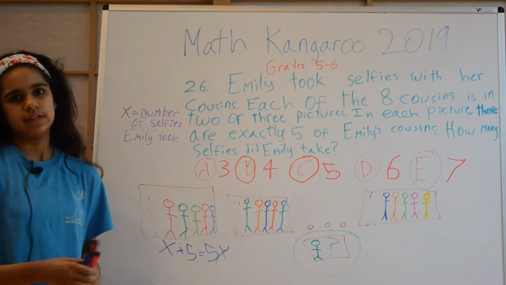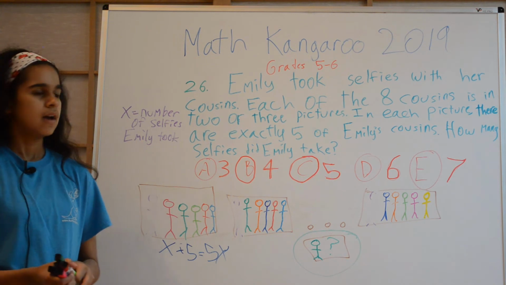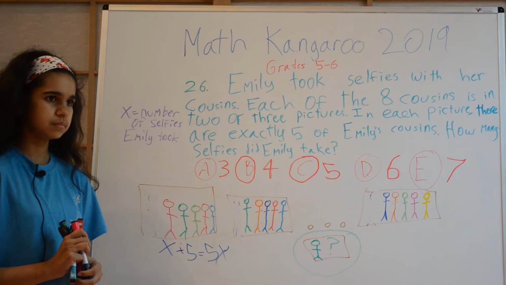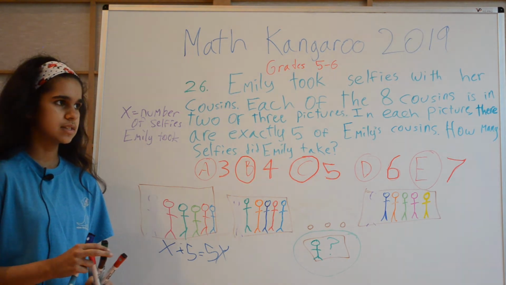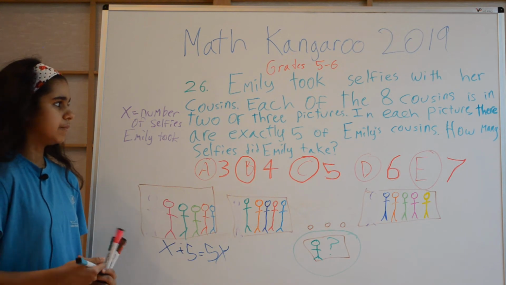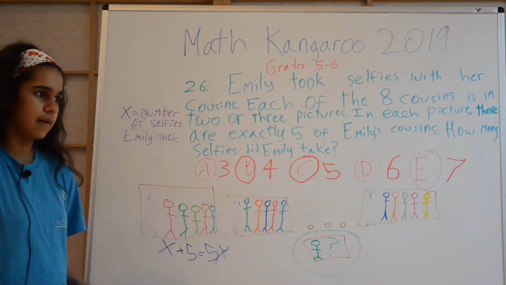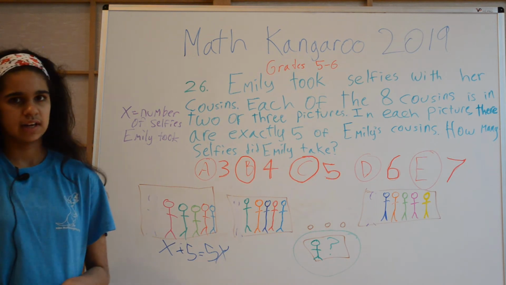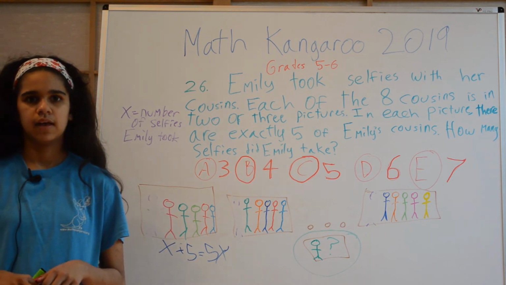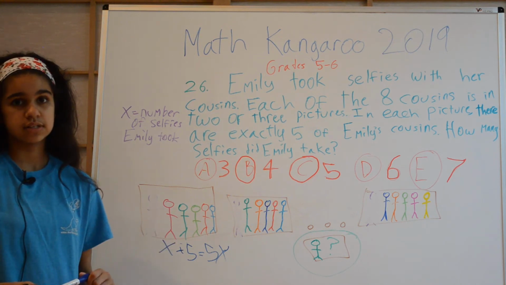Well, we know that each of the 8 cousins is in either 2 or 3 pictures, and that gives us bounds. Because suppose we want to minimize this number 5x. Well, what's the smallest that number could be in this problem? So 5x is also going to be the sum of the number of times each cousin appears. Because if we count the number of times each cousin appears and we sum those numbers for all the cousins, then we'll have counted all the people in all the pictures.